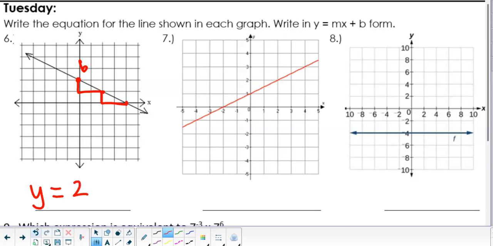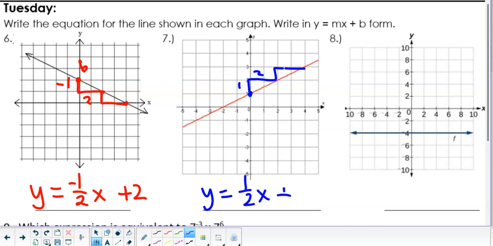You can put it at the beginning, or you can put it at the end of the sentence. The slope triangle is a rise and run, and that number is next to the x. For the next question, we have a y-intercept of 1, and we have a rise of 1 and a run of 2. So the slope is positive 1/2 x plus 1.